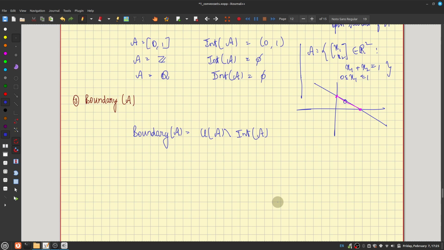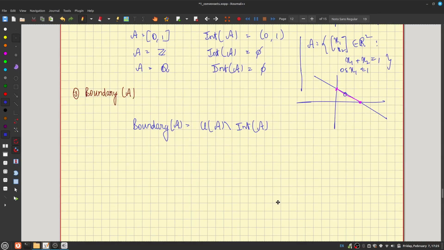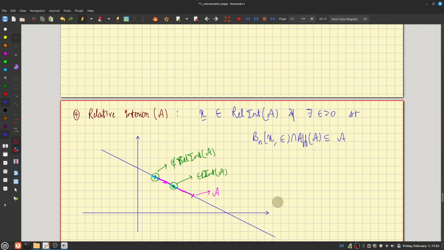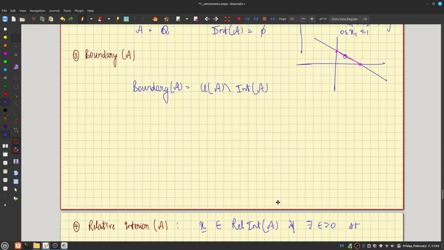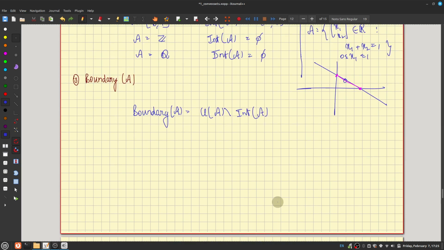Any other questions? Is there a relation between the relative interior of A and the interior of A? Well, if the set is open, then the relative interior is equal to the interior. Or if the interior is non-empty, then the relative interior is going to be equal to the interior.